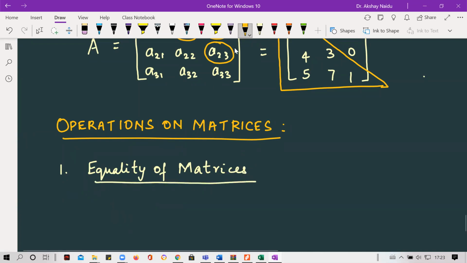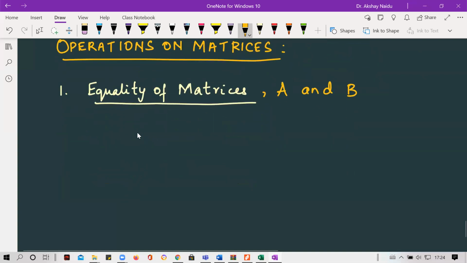Equality of matrices: when are two matrices A and B said to be equal? Anybody? A and B are two matrices. When are they said to be equal?